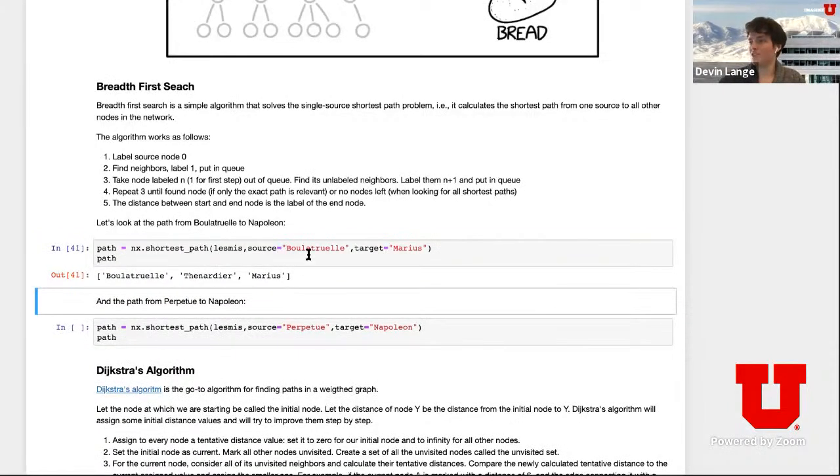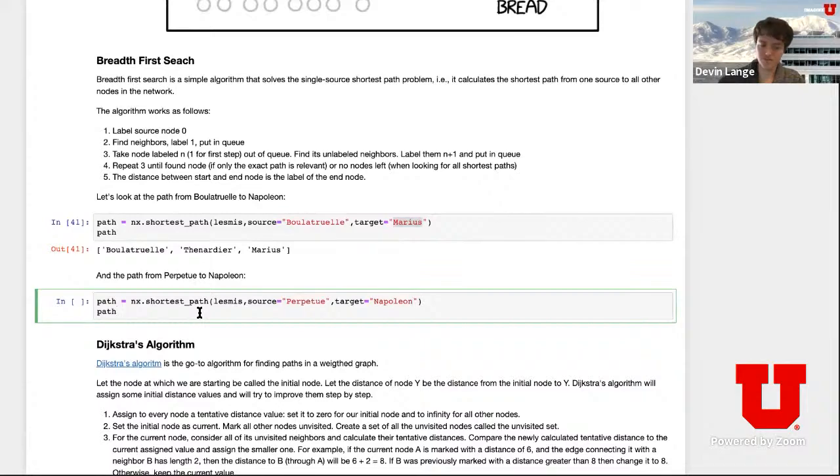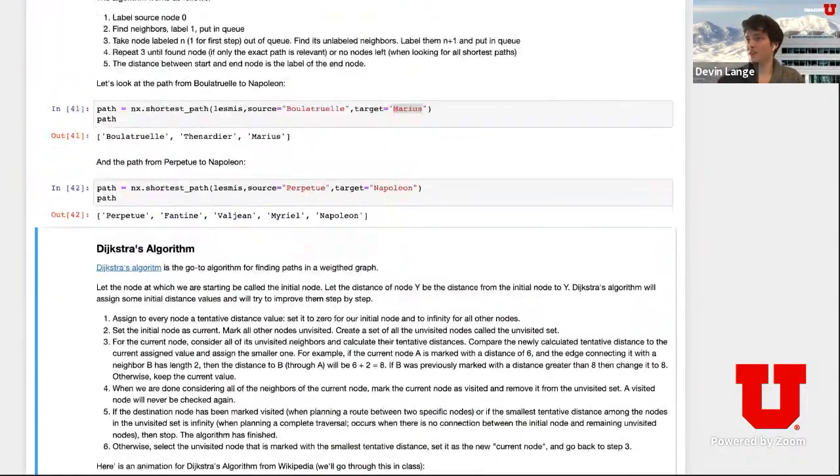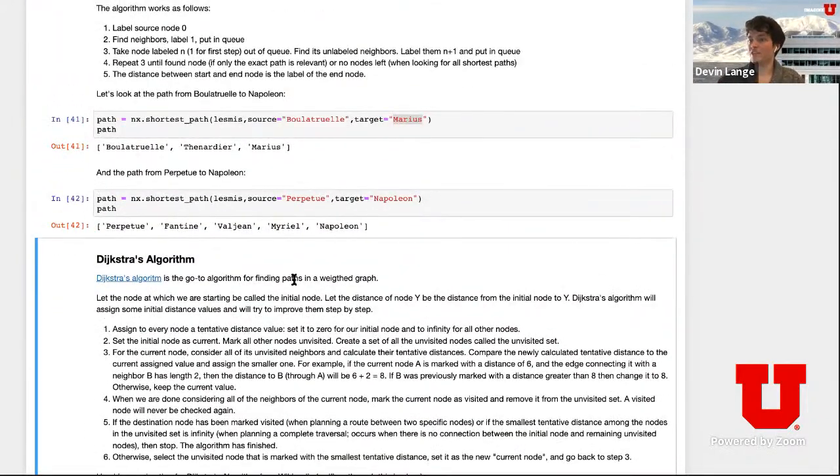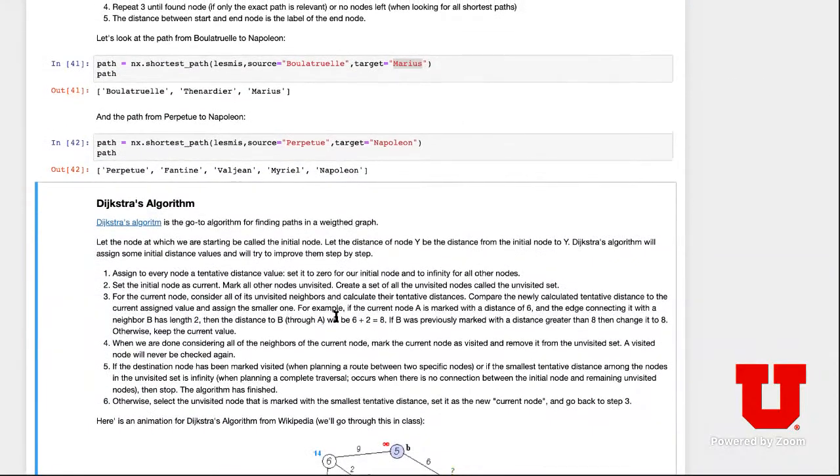So if we want to find the shortest path in our Les Mis data set between these two characters, it will give you these 3, same thing with these 2 characters. But as I mentioned, this works for this first type of graph where nodes don't have weights.